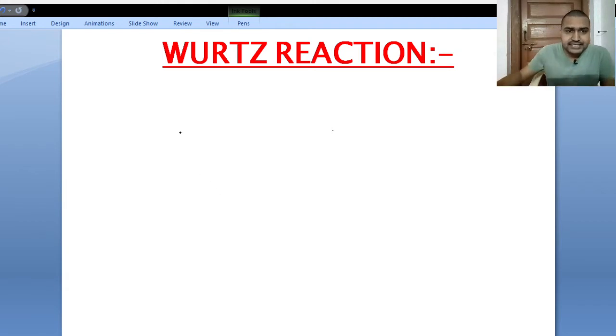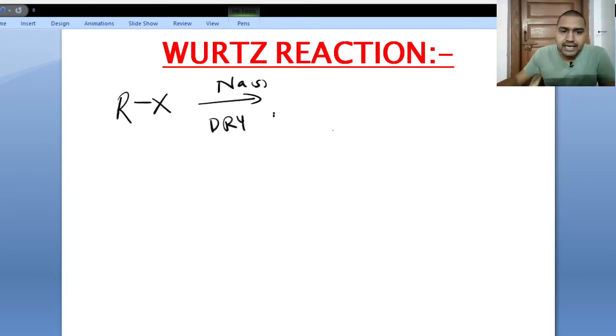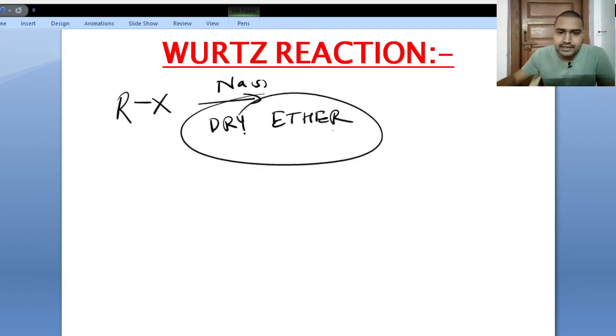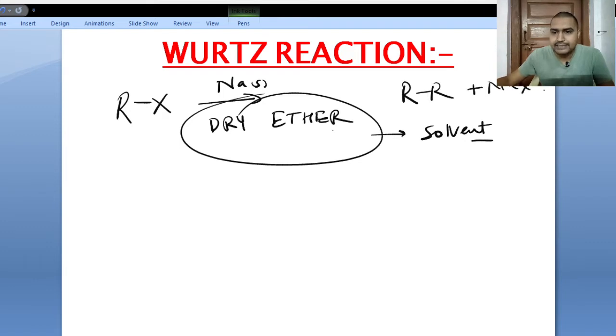The Wurtz reaction is the reaction where your substrate is RX, in sodium metal and dry ether, where dry ether is the solvent, and your product is RR plus NaX, where X can be fluorine, chlorine, bromine or iodine.